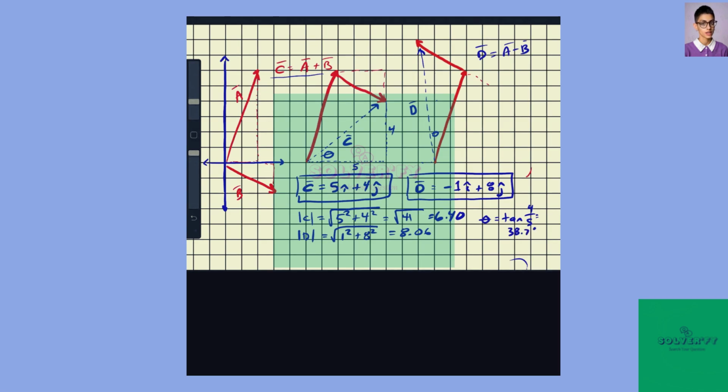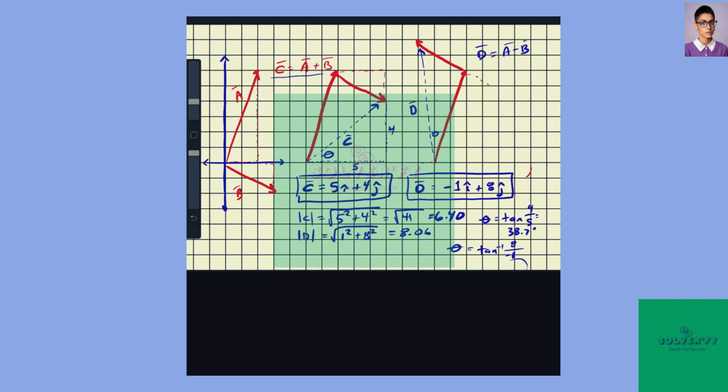And we can actually do this all at once with the other one, where the y value is 8, the x value is minus 1, and when you plug that in, take the inverse tangent of it, you get minus 82 degrees.